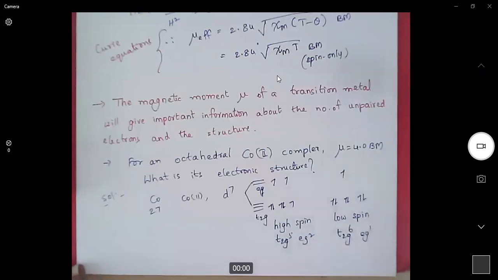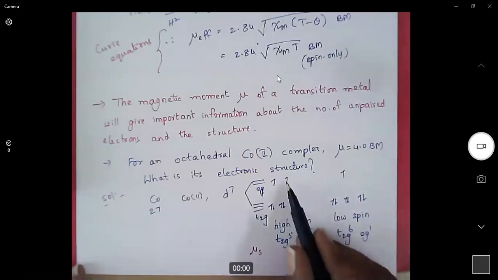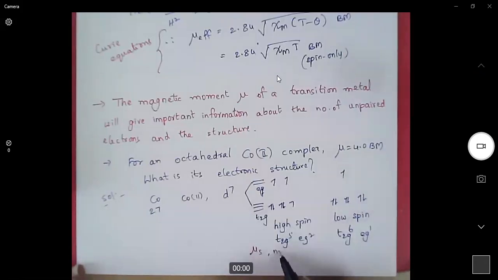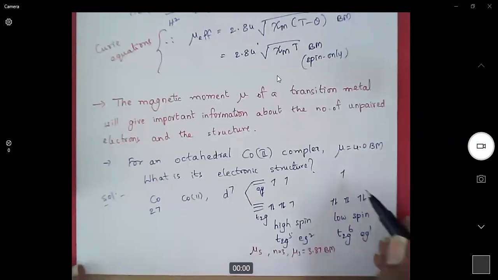Now, just calculate the spin-only magnetic moment for these two systems. For the high spin case, because there are 3 unpaired electrons, the spin-only magnetic moment will be 3.87 Bohr magnetons. Whereas here we have only one unpaired electron, so the spin-only magnetic moment will be 1.73 Bohr magnetons.